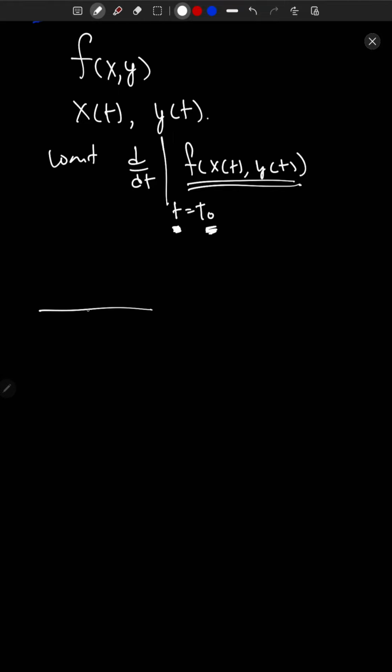If I look at my composition map again, here's t equals 0. Here's the point of interest, t equals t naught. What's happening is this is going to the plane, so I end up with a curve down here.